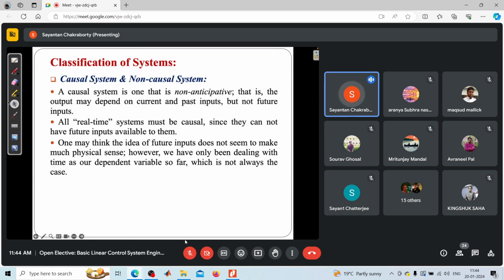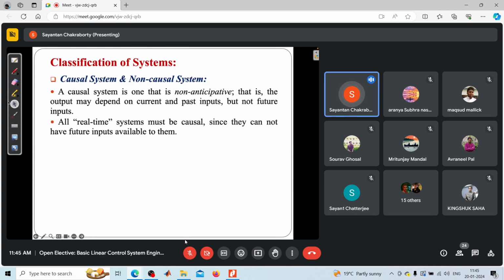And once we are terming an input as a future input, then it cannot be present at the present time, right? Whatever input is present now is a present input. So in real time, it seems that we cannot have any future input, right? So then, why are we bothering about the definition of non-causal system? Can you think of anything which is non-causal?